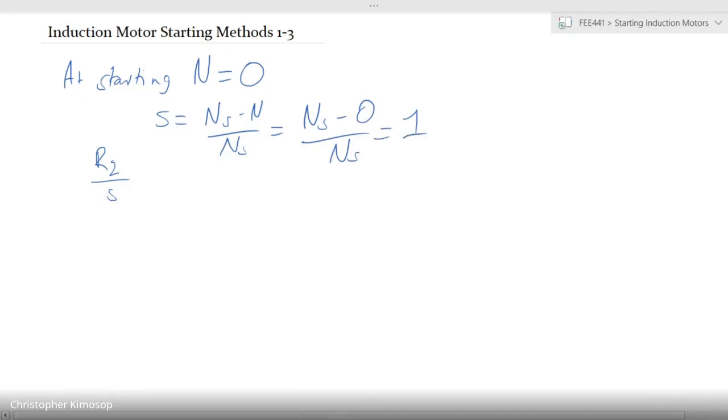That is the situation at the start of the motor, when you are just first connecting the power supply. So the equivalent resistance is R2 over 1, or simply R2.